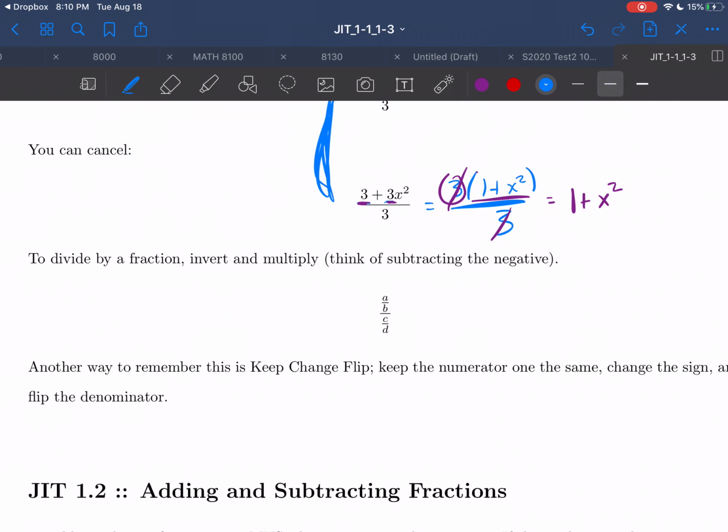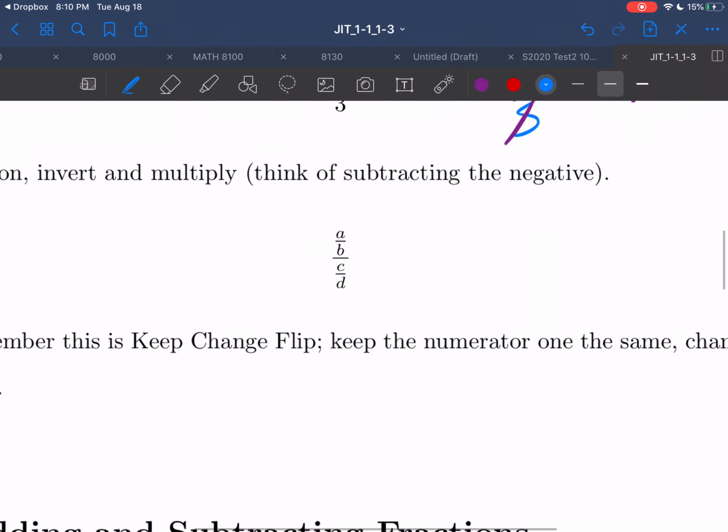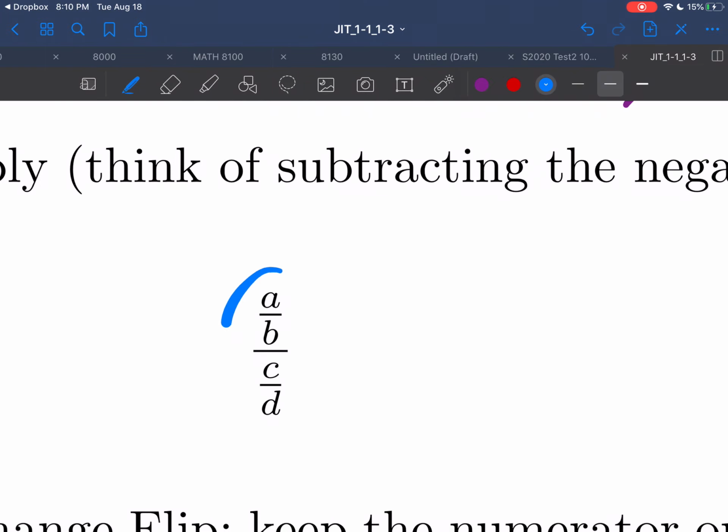All right, so multiplying, we went straight across. Dividing is a little more complicated. So to divide, you can think invert and multiply. Or another way to remember this is keep, change, flip. So we're keeping the numerator the same, a over b.